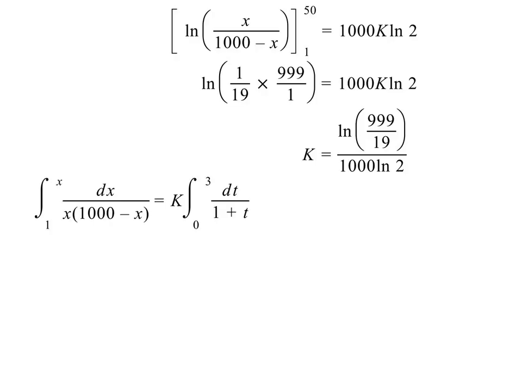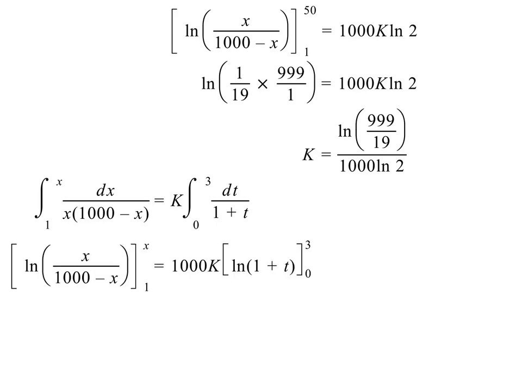Let's now work out what x is. So the same integral, but now I'm saying, well, when t is equal to 3, what is x? I'm not going to write all that down for k, I'll just leave it as k. We know that's the value for k over there. So let's do, well, it's the same integration. I now get that the log of 999x on 1,000 minus x is equal to some constant value.